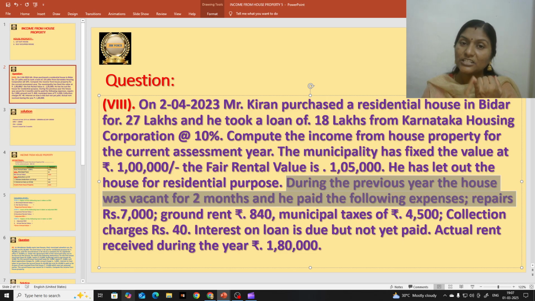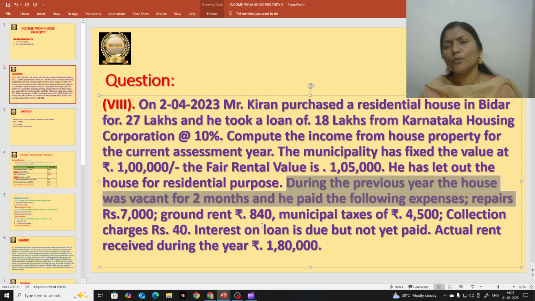So the municipal taxes rule is that it should be paid, then only we will allow it as deduction. We will deduct from GAV. If it is not paid, if it is due, don't give deduction from GAV. And next, interest on loan is allowed on due basis as deduction. Even if it is due or paid, we can give it as deduction. Hope this is clear, students, for everyone.